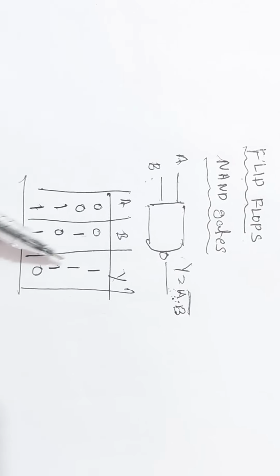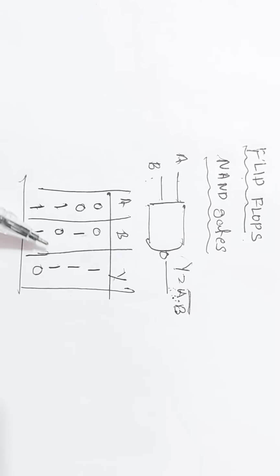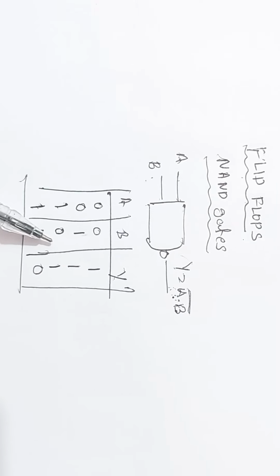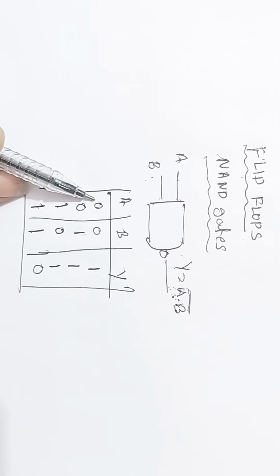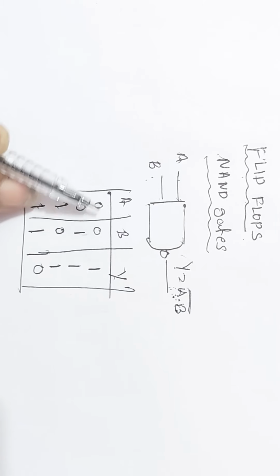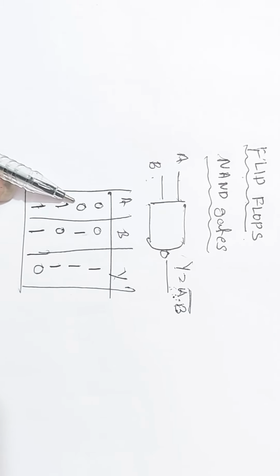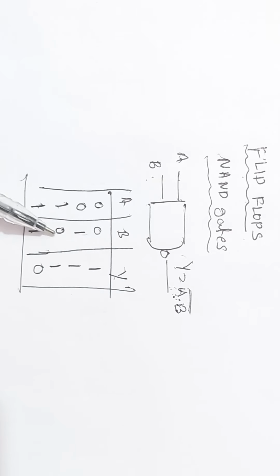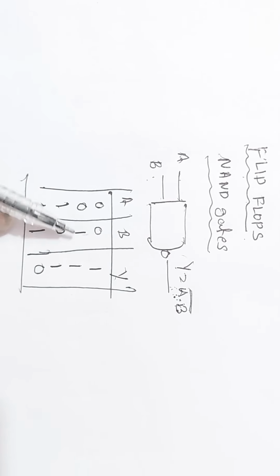So this is the output of the NAND gate. See, the output of the NAND gate is 1 whenever an input is 0. If any one of the inputs is 0, the output is 1.